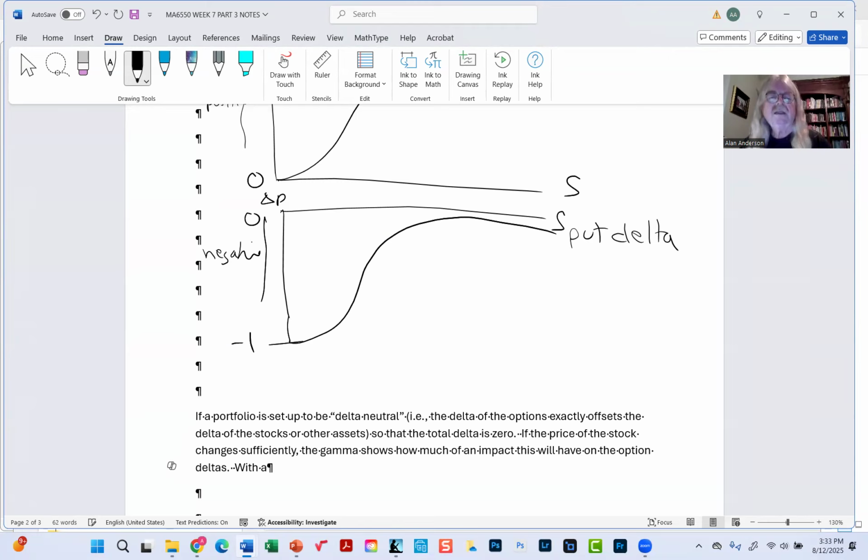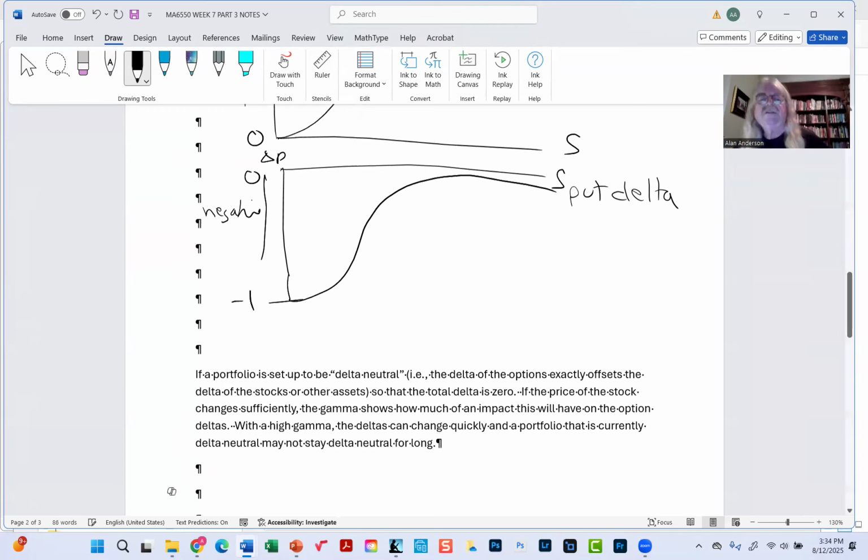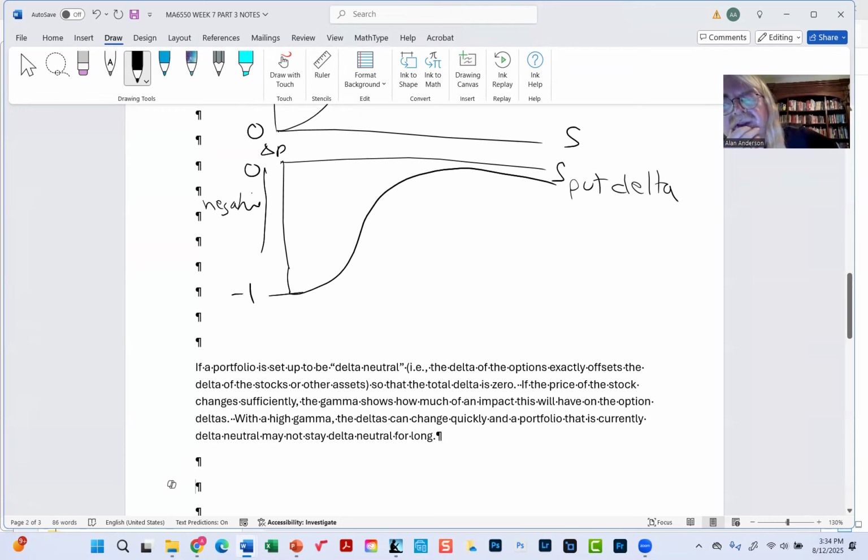With time, deltas can change quickly, and a portfolio that is currently delta neutral may not stay that way for long. So you may find yourself in a position where you have to be constantly rebalancing your portfolio to make sure that it stays delta neutral.